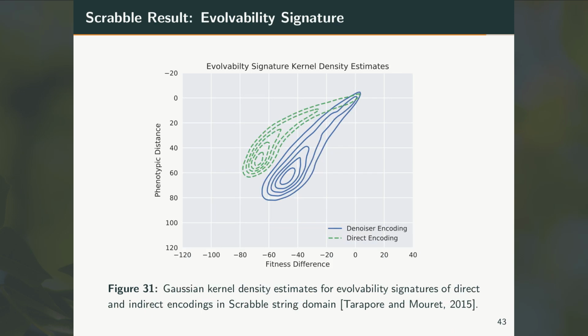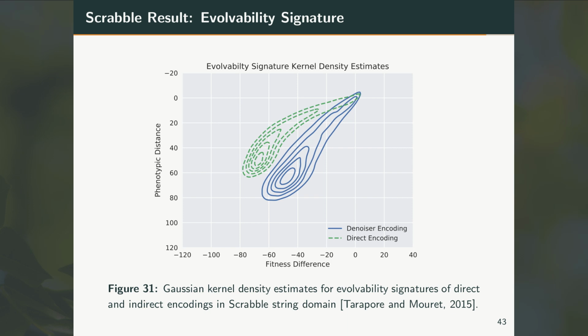So we can put these two considerations together in a diagram referred to as an evolvability signature, where we can co-visualize novelty on the y-axis and viability on the x-axis.